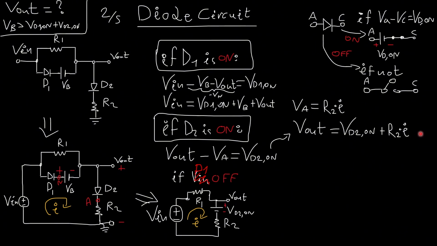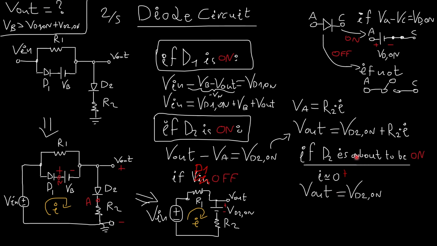Well, what if I want to see when D2 is barely on? So, if D2 is about to turn on, the current here must be very close to zero. This will not be exactly zero, but very, very close to zero. So, I just write a plus here, okay?